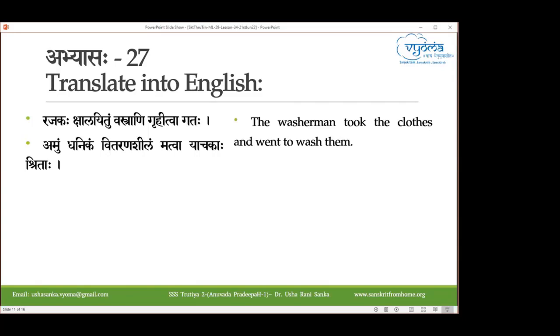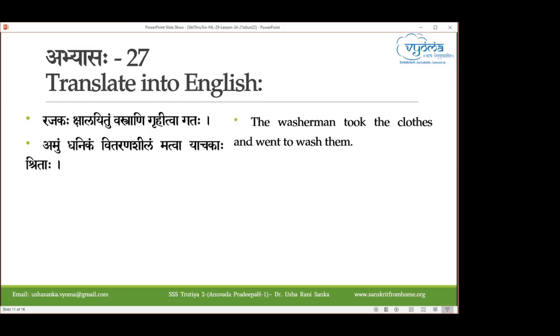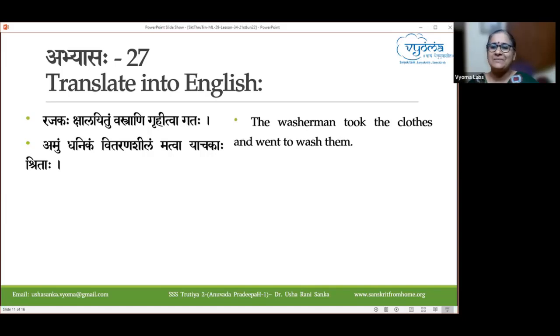Oh, okay. Dhanikam vidaranashilam. Vitaranashila, one who is to distribute. Vitarana is to distribute, or charity, giving things generously to some people. So what does amum mean here? Dhanikam is the wealth, right? Like a sarvanama for dhanikam, this dhanika.